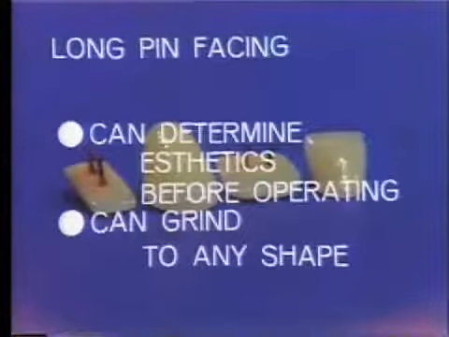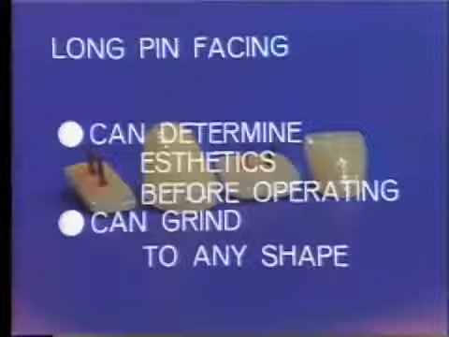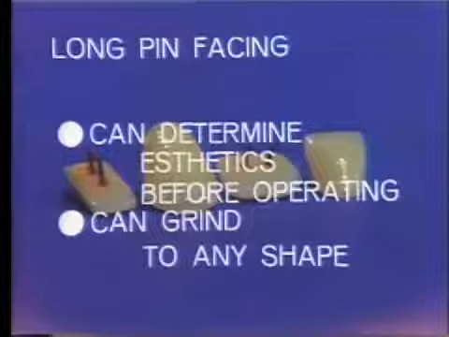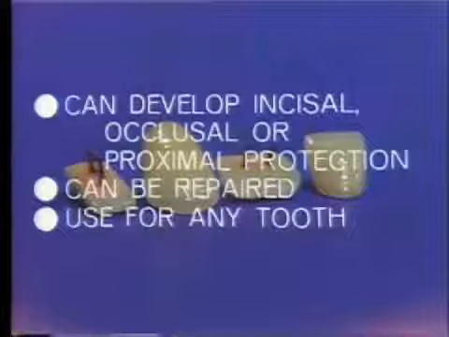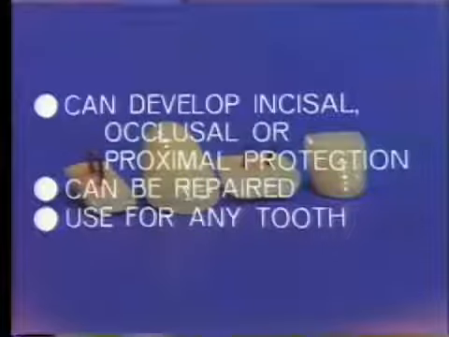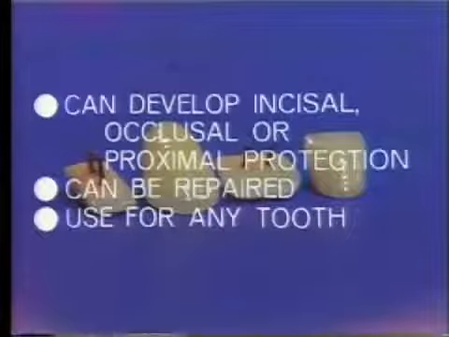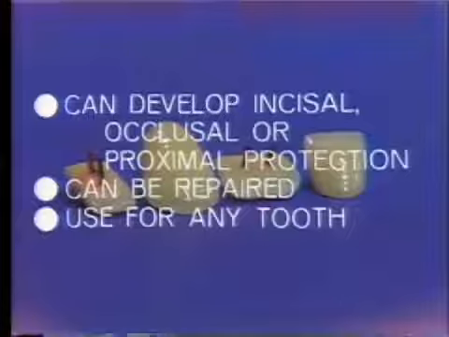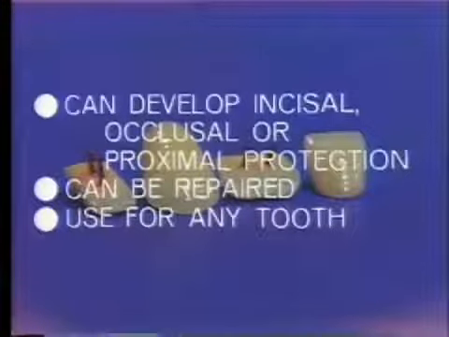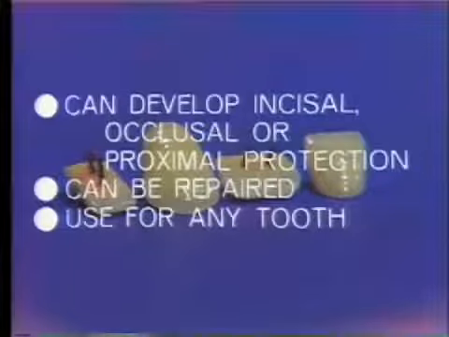Having been ground, the porcelain can be repolished without the need to glaze, and this is quite a definite advantage in that regard. It's possible to develop incisal, occlusal, or proximal protection of any type that may be desired, either extremely light or medium or heavy, just as the individual case and its occlusion may require.